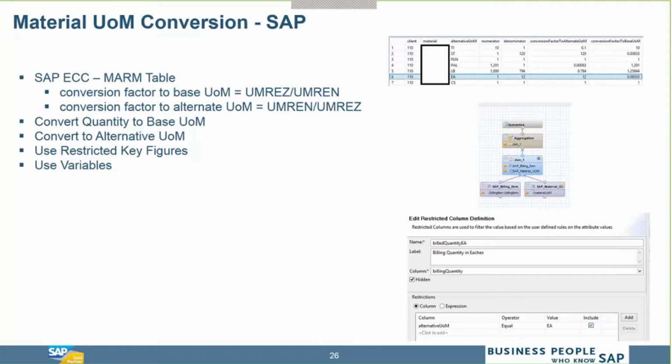The second thing is, if you see most of the transactional tables, let us take VBAP or VBRP, there is always a column where the quantities are already converted to base unit of measure. You have a column where you'll find quantities in transactional units of measure, and then you'll also find columns which are already in base unit of measure.